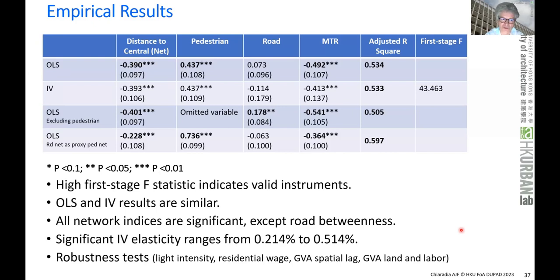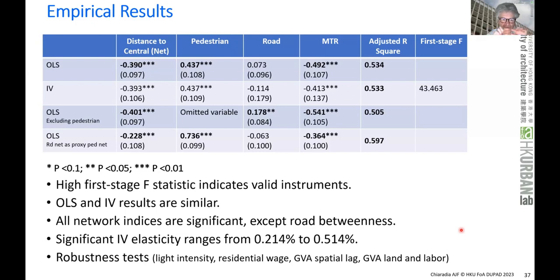And given the monocentric quality of Hong Kong, there are a lot of express buses coming from different parts of the New Territories to Central, and very direct as well. So although on one side road is not significant most of the time, it is important and captured by the distance to central.